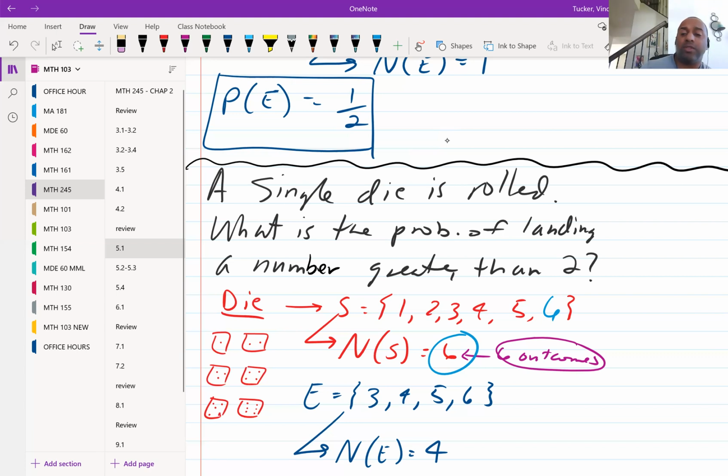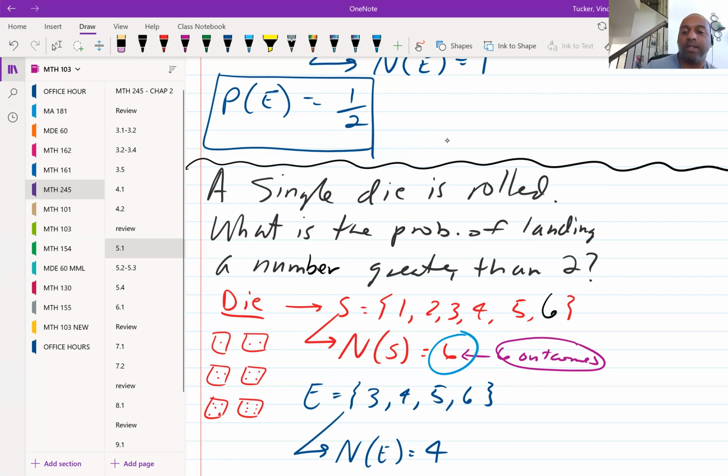What I want to make sure we understand is that this 6 and this 6 do not have anything to do with each other. The number of outcomes is 6, so if this was 1, 2, 3, 4, 5, triangle, the number of outcomes would still be 6. If this was 1, 2, 3, 4, 5, 10, the number of outcomes would still be 6. Make sure we're not confusing that; they don't have to be related.